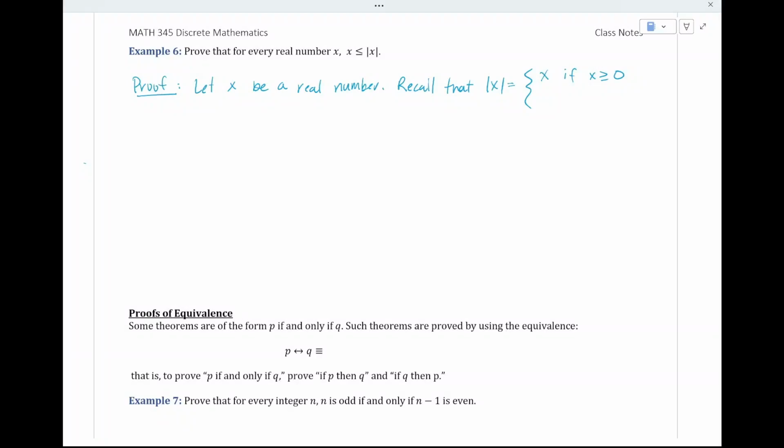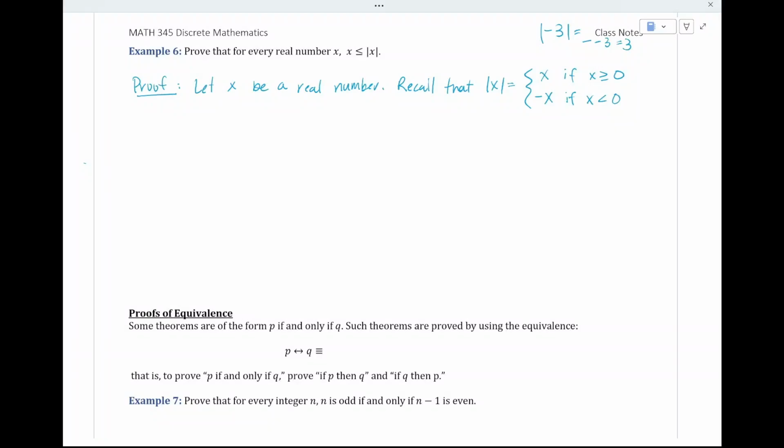It's just that number. However, if x is negative, then it makes that negative number positive. So like if I'm taking the absolute value of -3, I would get positive 3. So the absolute value of x is equal to negative x if x is less than 0. So if it's a negative number, you negative the negative, which actually makes it positive. That's what the absolute value is doing.